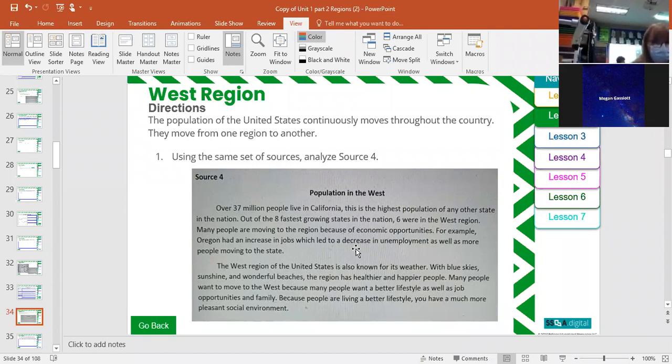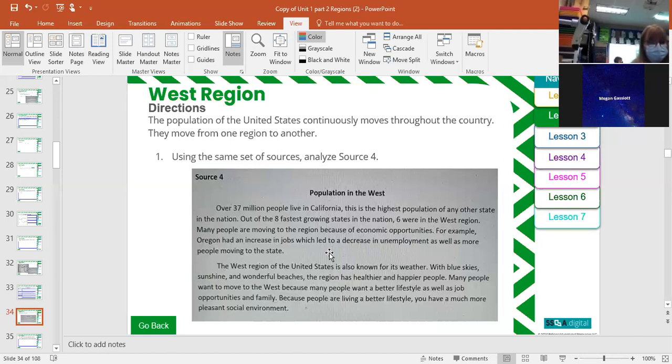Many people are moving to the region because of economic opportunities. That would be a really good statement to put in your paragraph also. That's a big word for jobs. For example, Oregon had an increase in jobs, which led to a decrease in unemployment, as well as more people moving to the state.